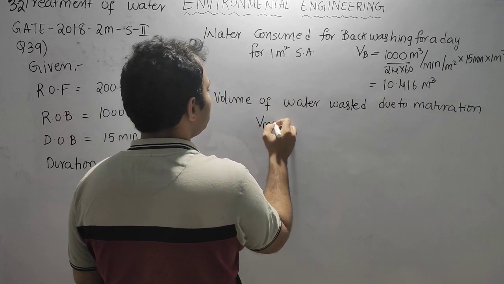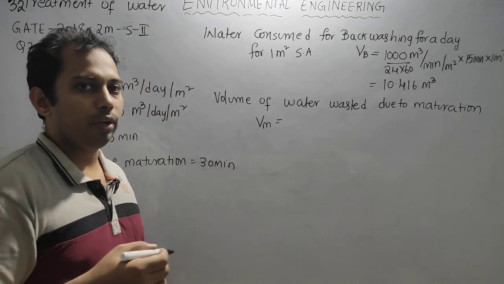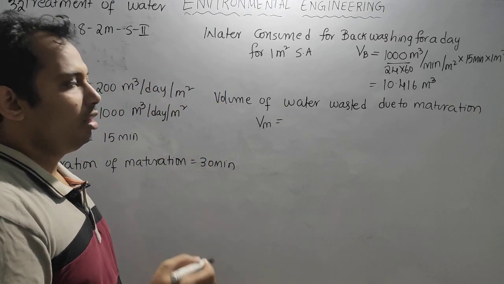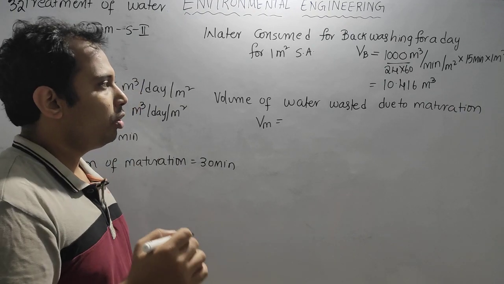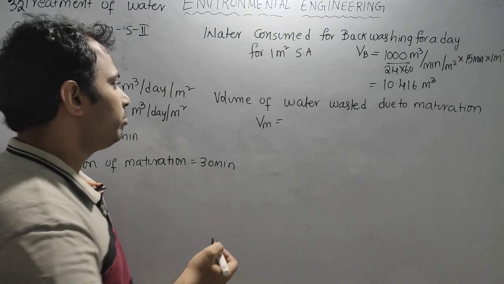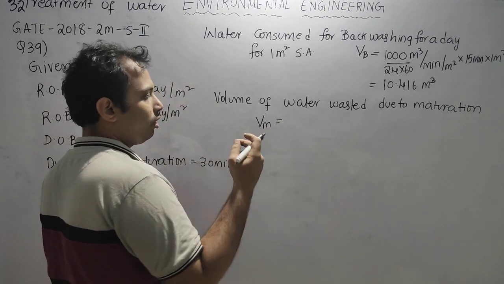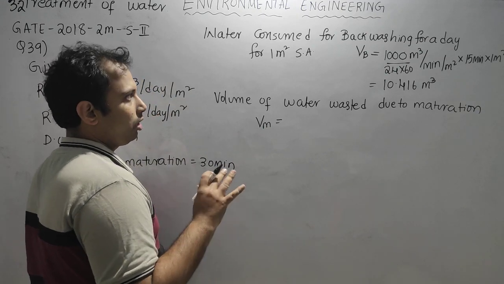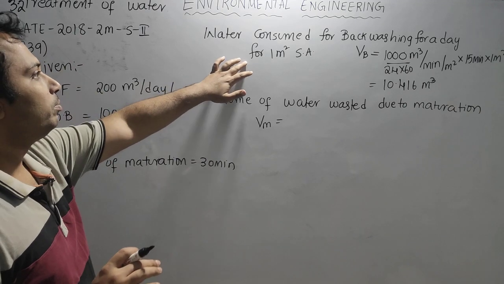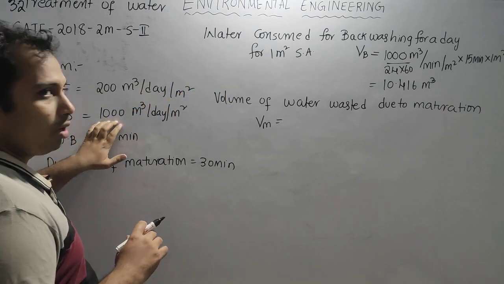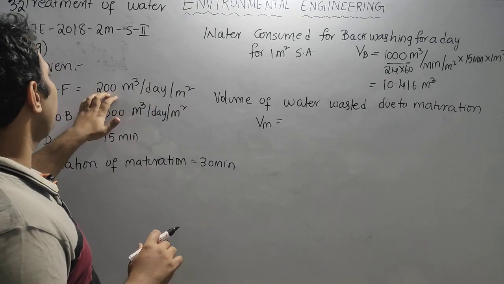Maturation means that when we continue the filtration process, up to the formation of the Schmutzdecke, we don't treat the filter as matured. So during maturation the rate of flow will be the rate of filtration only. For backwashing we consider the rate of backwash, but maturation happens during filtration, so we need to take the rate of filtration.